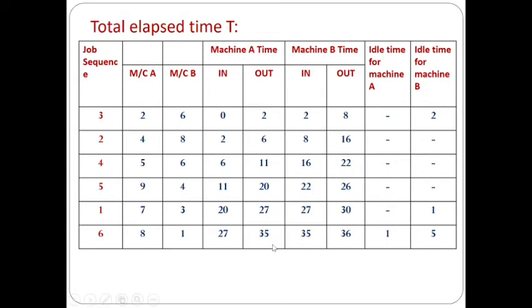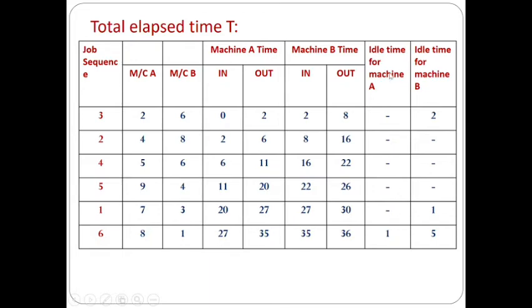But what is the total elapsed time? The total elapsed time is the time between the starting of the first job in the first machine and the completion of the last job in the last machine. So 36 is our total elapsed time. So machine A is busy up to 35 minutes and it is idle only for 1 minute, that is 36 minus 35, which is 1.